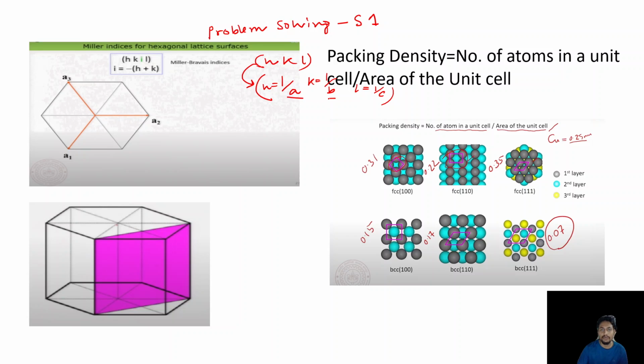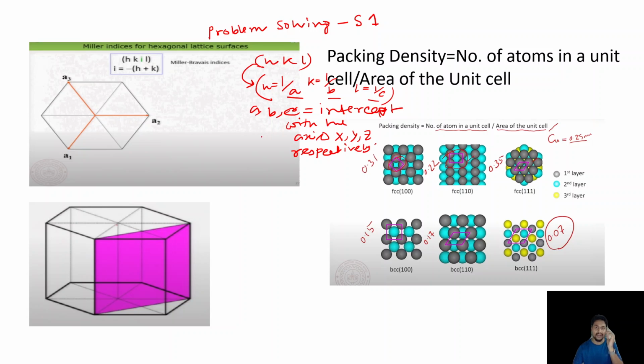What are a, b, and c? a, b, c are the intercepts with the axes X, Y, and Z respectively, right? So whatever plane you are trying to assign Miller indices to, you take its intercepts with the axes X, Y, and Z, and just take the inverse of them, so that you will get the Miller indices, right?